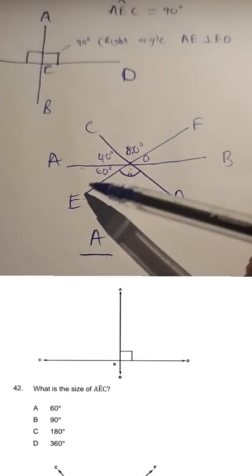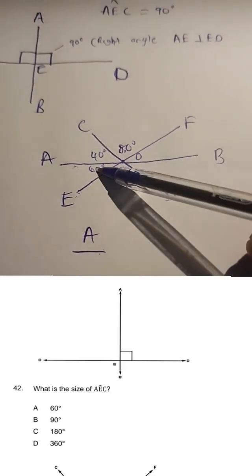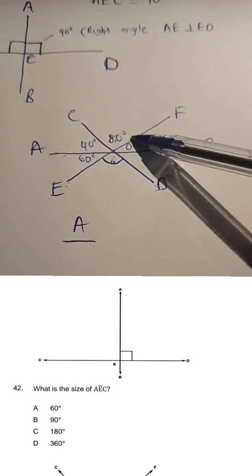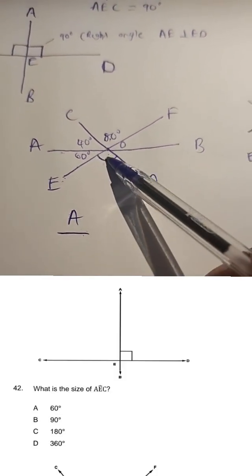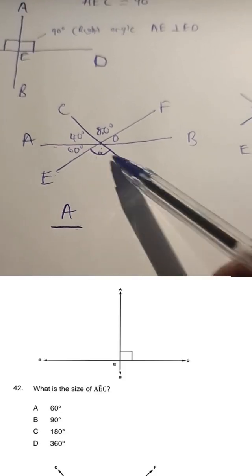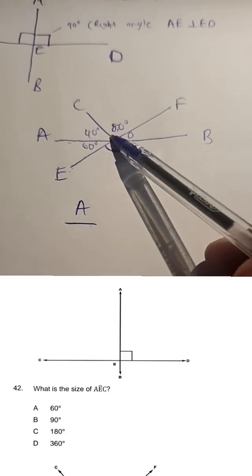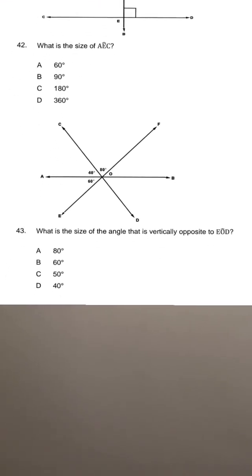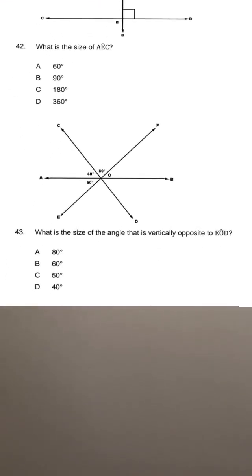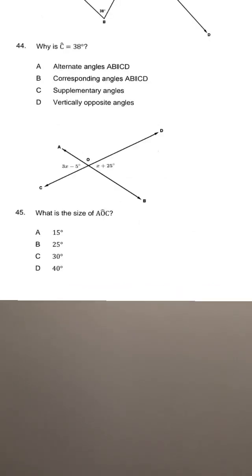In this situation, this line and that line form this angle and that angle that are vertically opposite each other. So the angle vertically opposite angle EOD is this one. It is 80 degrees. That's why the correct option is A, 80 degrees. Clear? I hope we are clear there. Let us move on.